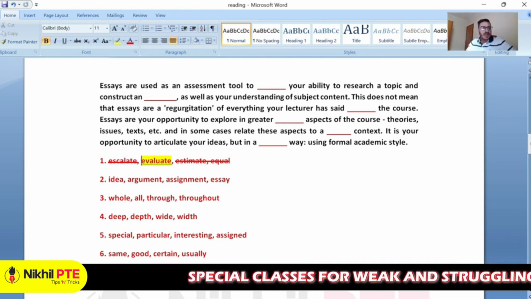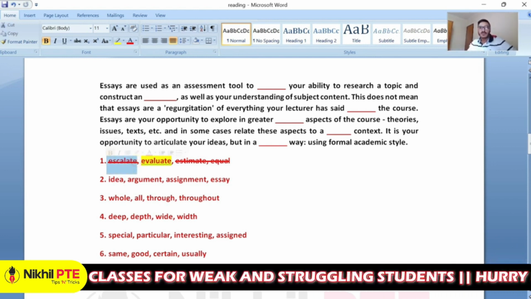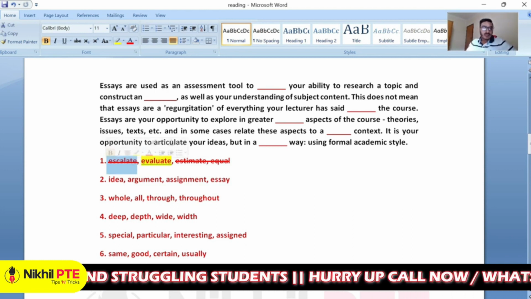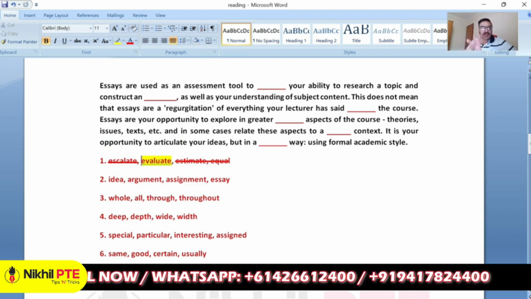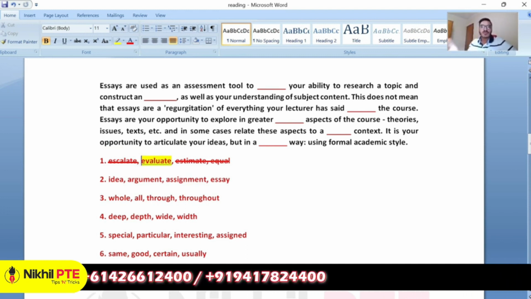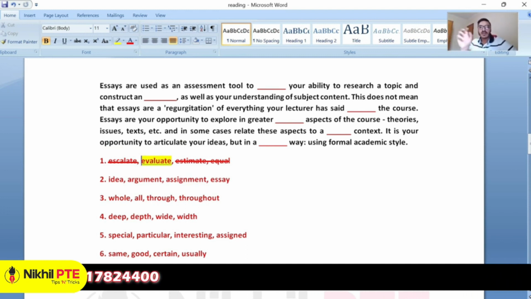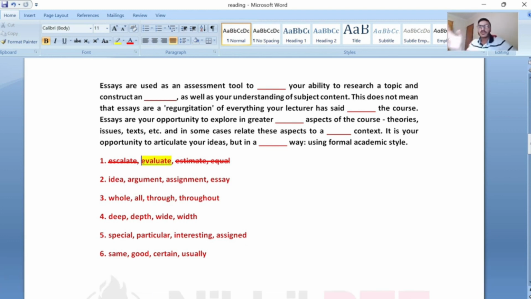For example, accelerate, I don't know the meaning. Put others in which you know all the meanings. If they are comfortable, they are good to listen, then the answer is among these options. Otherwise you can choose accelerate. So here evaluate your ability, I know.